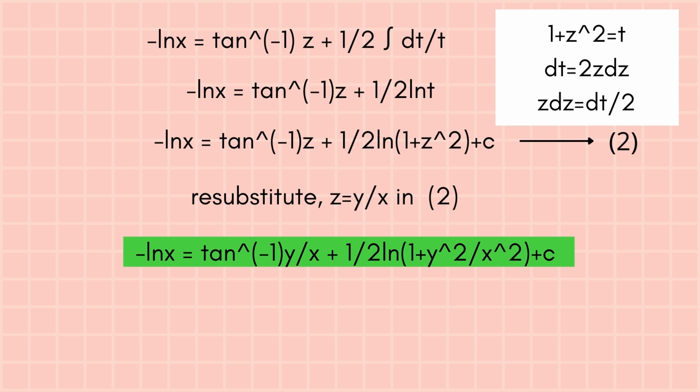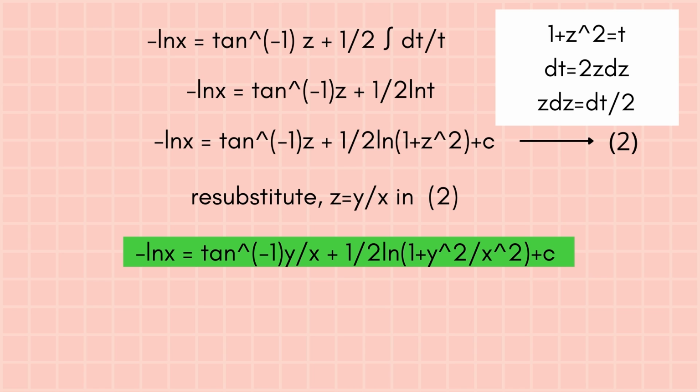The equation then becomes minus ln x is equal to tan inverse z plus half integral of dt upon t, which is minus ln x is equal to tan inverse z plus half ln t. We put the value of t, that is 1 plus z square, plus c.